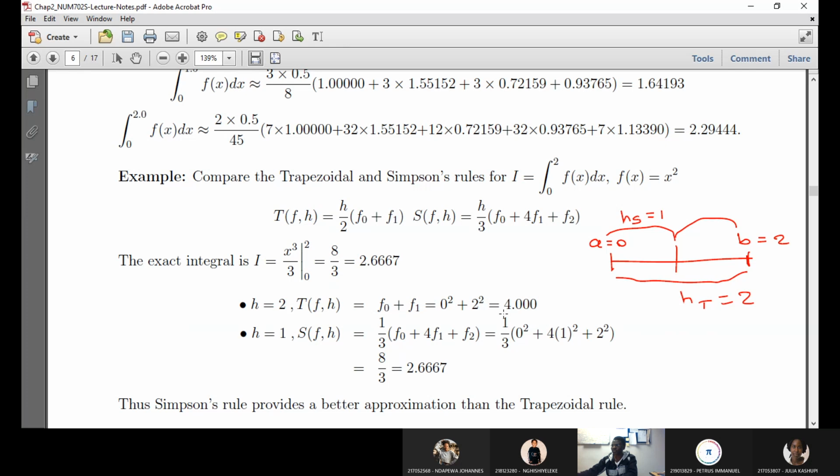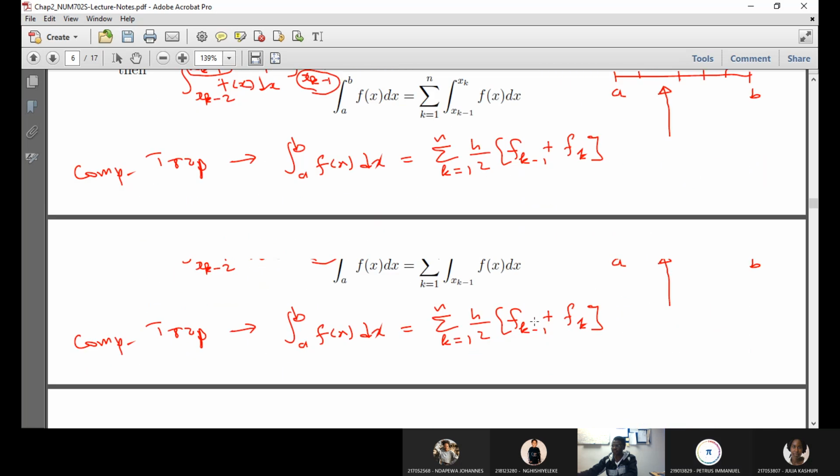It was 4. Now, what if we apply a partition of the interval, that is, we take many subintervals and apply the composite rule? What improvement will be observed? That's what we are looking at now.